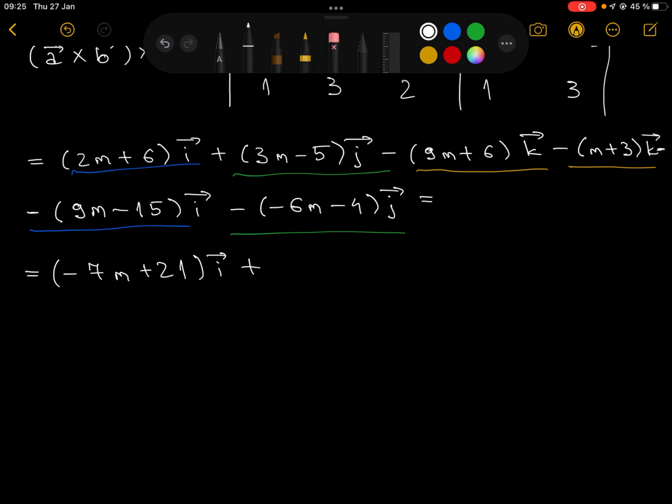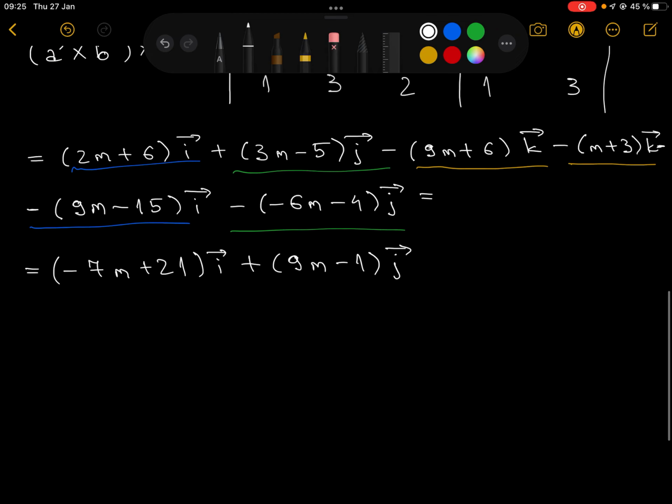Now for the j, 3m plus 6m is 9m, minus 5 plus 4 is negative 1, times j. And finally, we've got the k: minus 9m minus m is minus 10m, minus 6 minus 3 is equal to minus 9k.